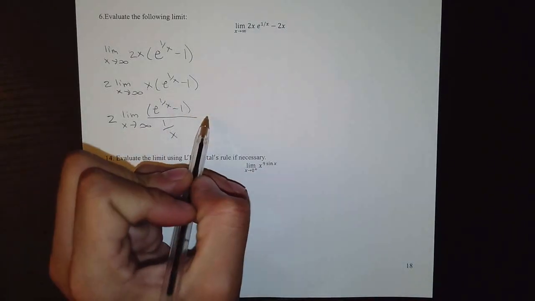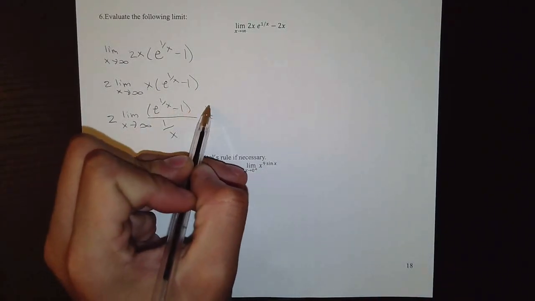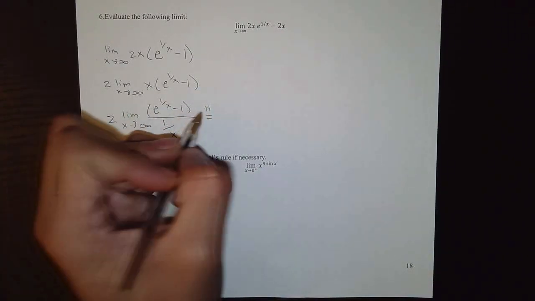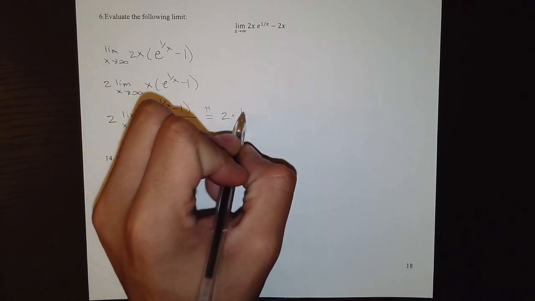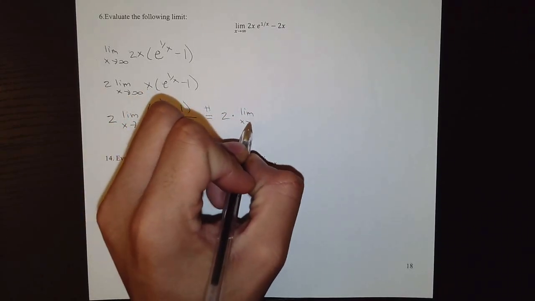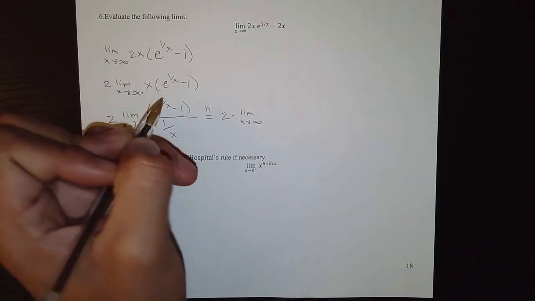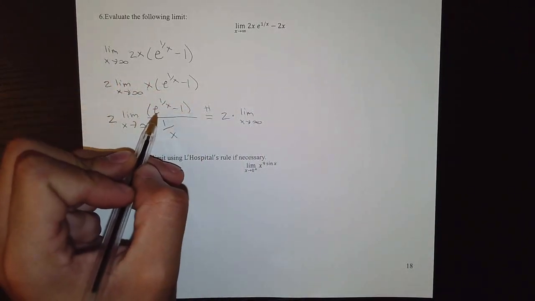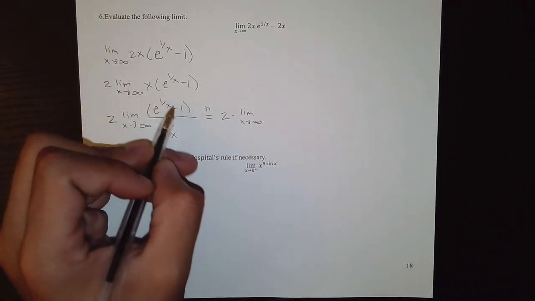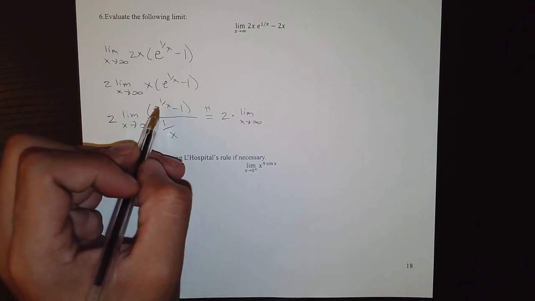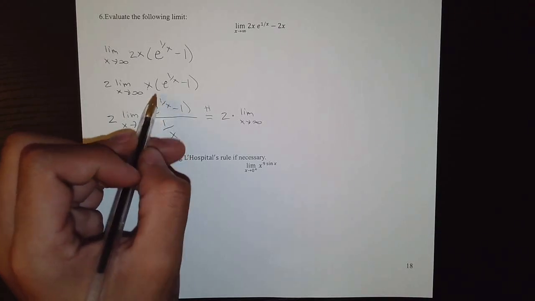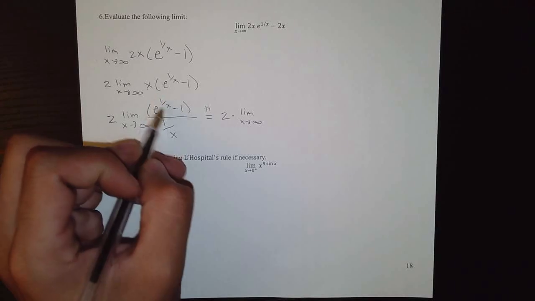So using L'Hopital's rule, we can rewrite this as 2 times the limit as x approaches infinity of the derivative of e to the power of 1 divided by x. We have to multiply by the derivative of 1 divided by x.